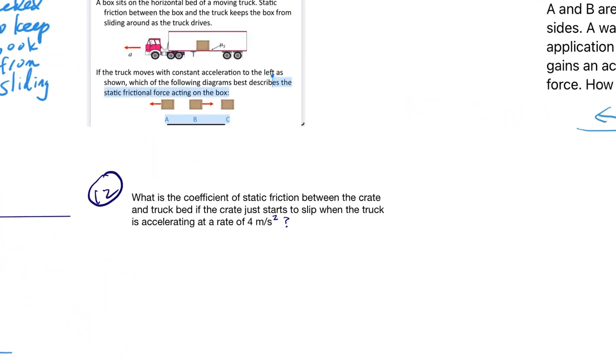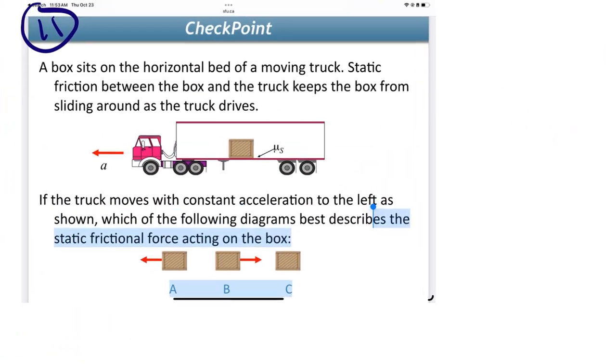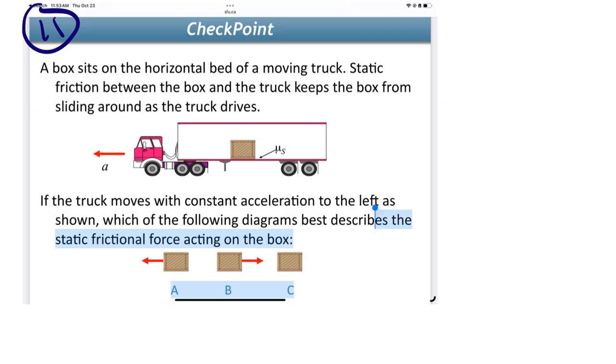Okay, so the final kind of question. The box sits on the horizontal bed of a moving truck. Static friction keeps the box from sliding. The truck is accelerating to the right, so the box wants to slip backwards, because an object in motion remains in motion, and an object at rest remains at rest relative to the floor.